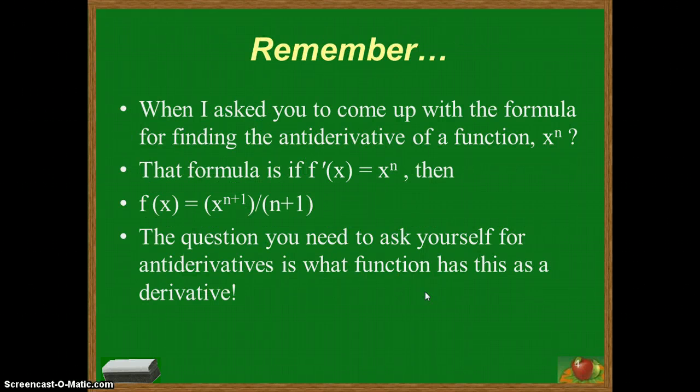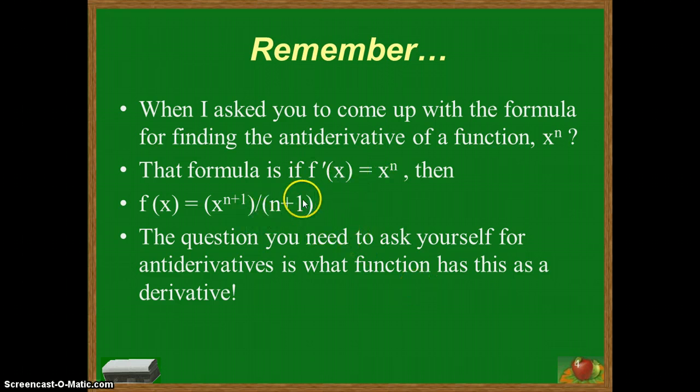Remember, when I asked you to come up with that formula, we said that the formula is if f prime of x equals x to the n, in other words, if the derivative of some function is x to the n, then the original function f of x equals x to the n plus 1 divided by n plus 1.